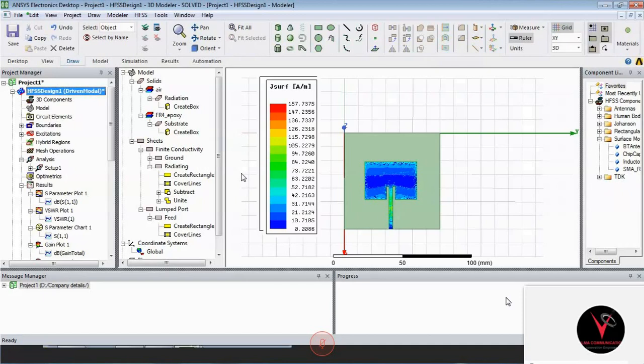In receiver mode, only the power is different. In a transmitter antenna we give the input power, but a receiver antenna receives the power from the air. If the air medium causes some loss, the power will vary. Otherwise the operation and process are the same for receiver and transmitter.